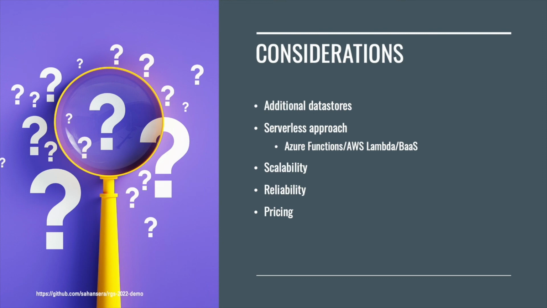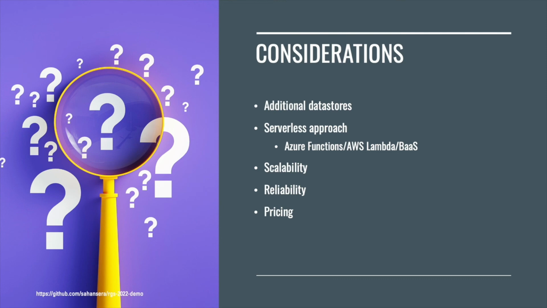And in terms of scalability, it all depends on the pricing tier that you are going to choose. Different pricing tiers have different scalability options, as well as for the reliability side of things. So if you have production workloads serving customers scattered across the globe, then you might have to work out what's going to suit you best.